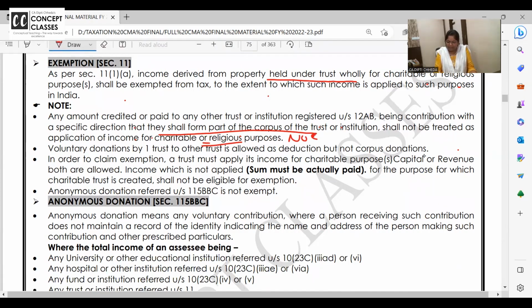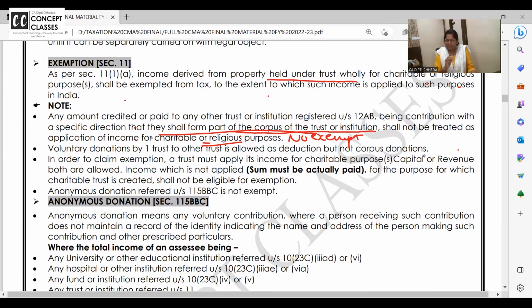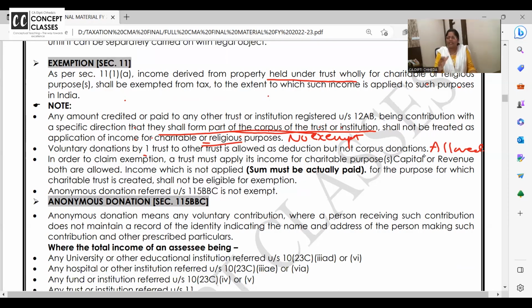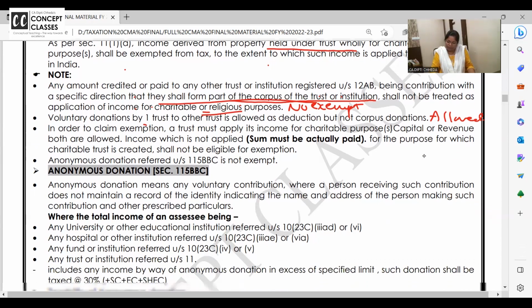You can write here: no exemption because it is forming the corpus of the other trust. Voluntary donations by one trust to another trust are allowed. Whatever I am writing, write all of this in your book. Can one trust give voluntary donations to another trust? Allowed. For corpus, no exemption, not allowed.